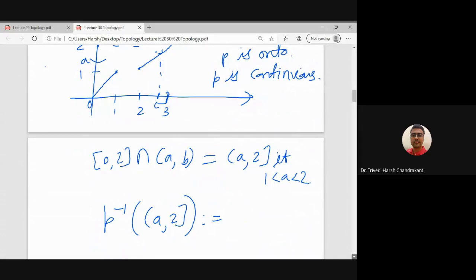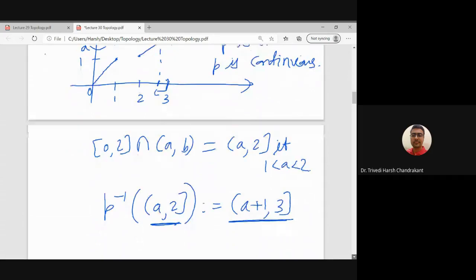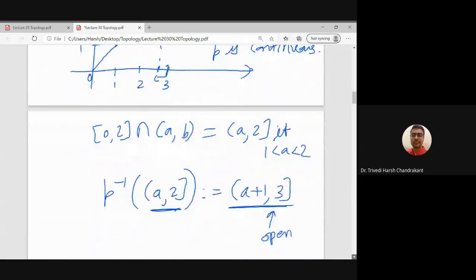So this will be the interval (A+1,3]. So this is the inverse image of the basic open set, and we know that this set is open in the domain, in the subspace topology. Why?